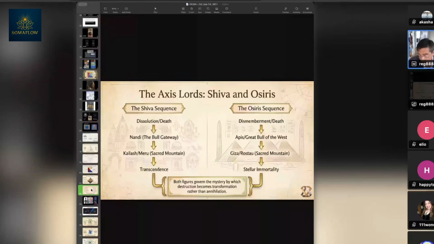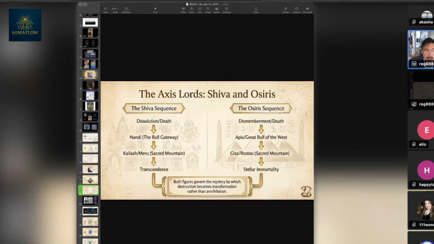Shiva and Shakti are the same constellations as Osiris and Isis. And the story also has a lot of very similar symbology, from dissolution and death to dismemberment and death for Osiris. Nandi guards the gateway. The Apis bull is guarding the gateway at Giza Plateau.